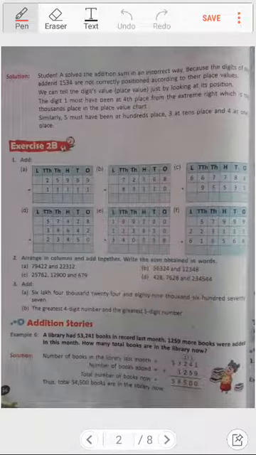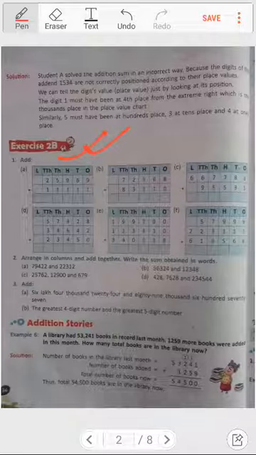After this, there is exercise 2b. In 2b it is addition. In addition, what happens? Simply you add. 9 and 1 is 10, so 0 will be there and 1 carry over. Again 6, 1, 7 and 1, 8 will be there.